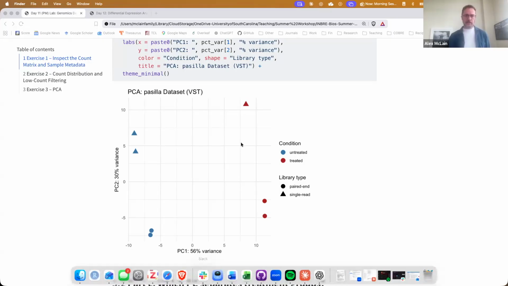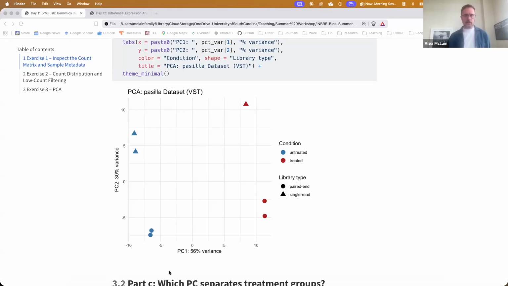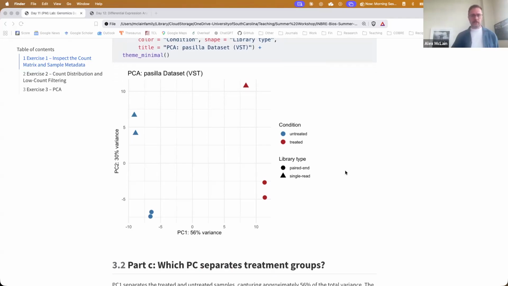The second thing that we see here is the library type. There's definitely a clear difference in the paired-end and the single read library type in terms of principal component 2. So those with positive scores on principal component 2 are all single read, and those with negative scores are all paired read.